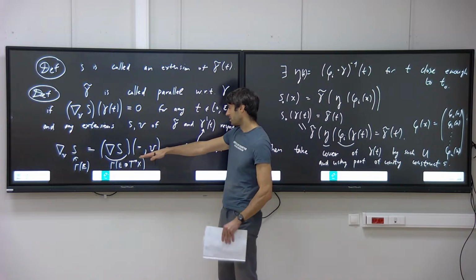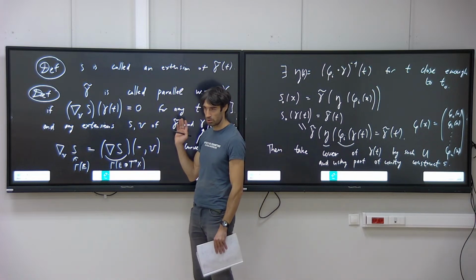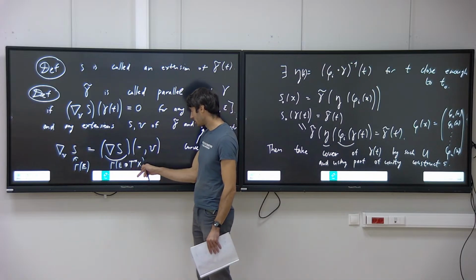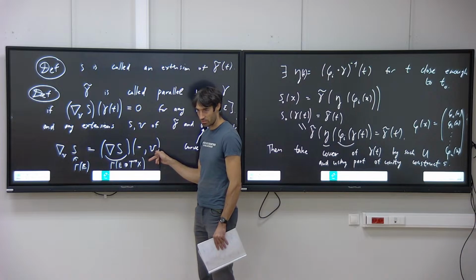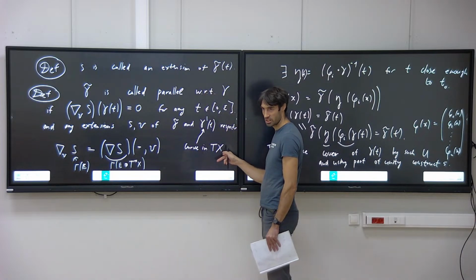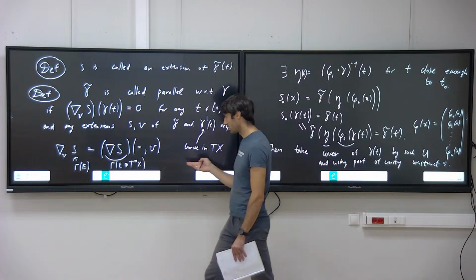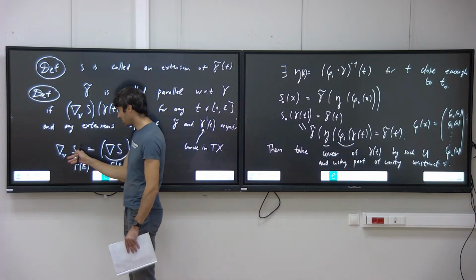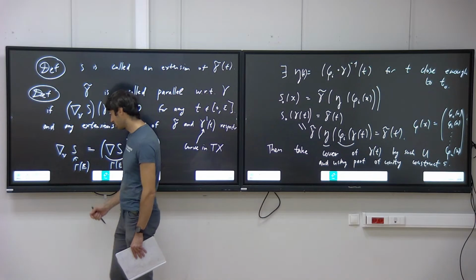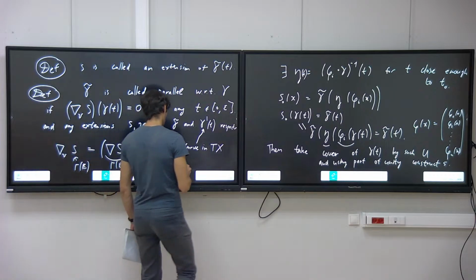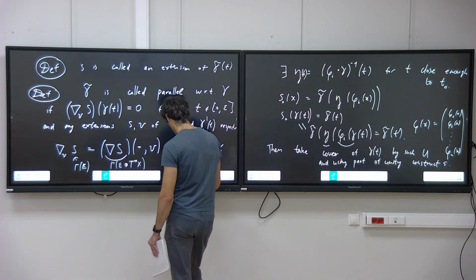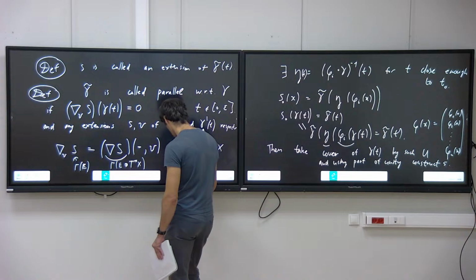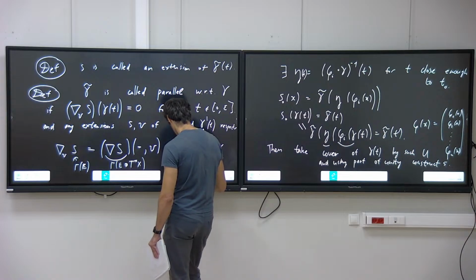I just keep it T star X. When I would like to differentiate in some specified direction, I take T star X and evaluate it at V, at something from Tx. Then this gives me the derivative of S in the direction of V. This is also called the covariant derivative. So nabla V is called the covariant derivative.